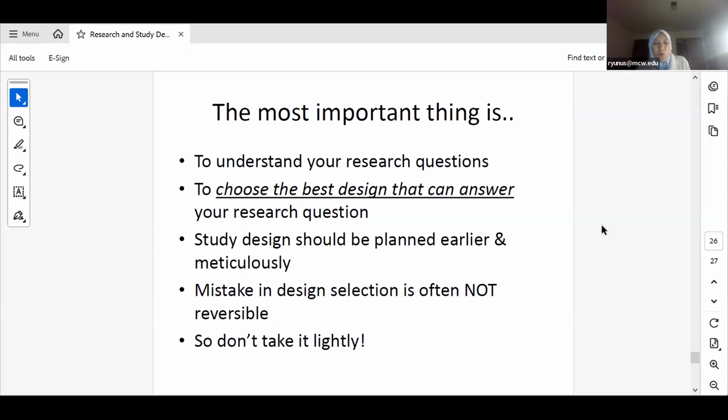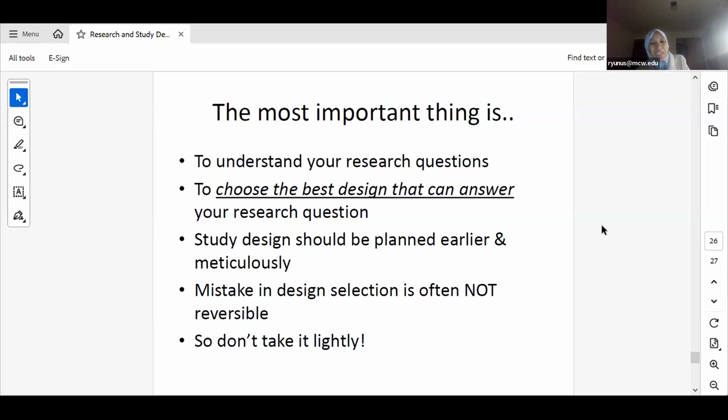If you choose the wrong study design, it is usually irreversible. That means it is impossible for you to go back once you have collected the data and exhausted your resources. If you suddenly realize at that stage that this is not the right study design, you cannot go back and redo the study. If you make a mistake in statistical analysis, for instance, that is still okay because you can redo the analysis; you still have the data.